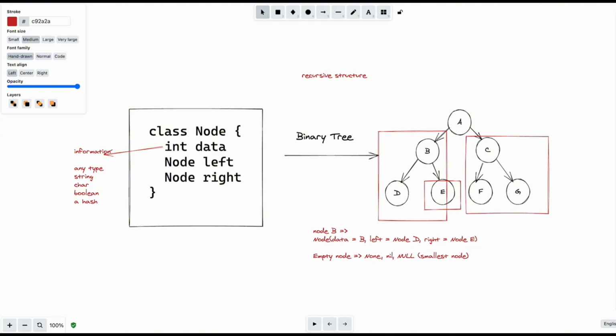You may be curious, what does a leaf node look like in this structure? Any leaf node will look something like this: data equals, for example, D, and left is None, and right is also None. This is how we store a leaf node.